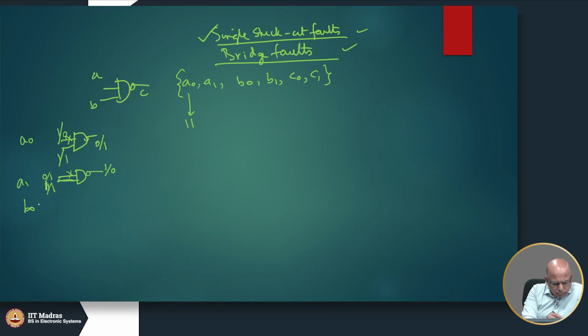So, similarly B0, if you apply a 1 1, a faulty circuit will have a 0 and a good circuit will produce a 0, but the faulty circuit will produce a 1. So, let us write down A1 is 0 1, B0 is 1 0, I am sorry, B0 is also 1 1.